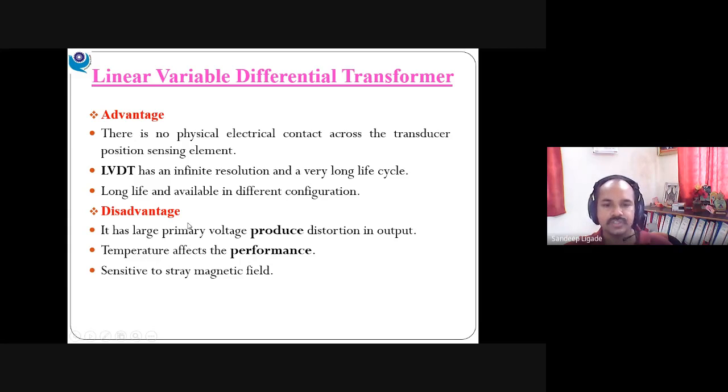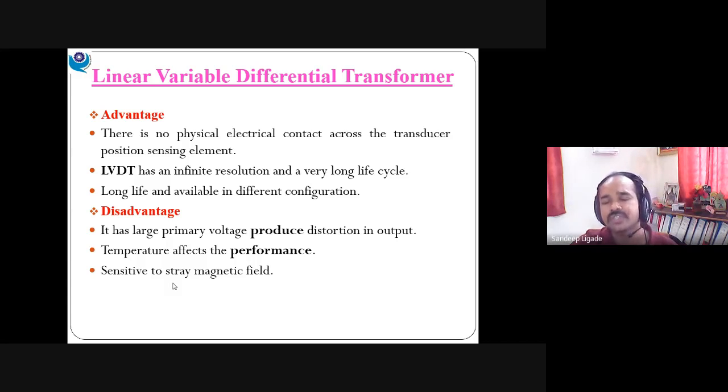And the disadvantage: it has a large primary voltage. Obviously we have to feed 240 volt AC at the primary. Also distortion increases at the output side. Temperature affects the performance, and it is sensitive to stray magnetic fields. Obviously it works on the principle of magnetism, that's why it is sensitive to stray magnetic fields.